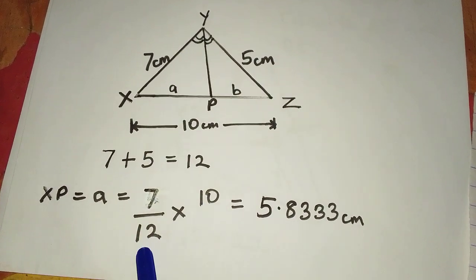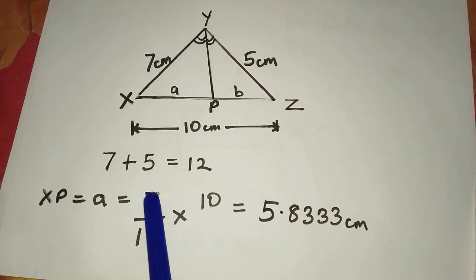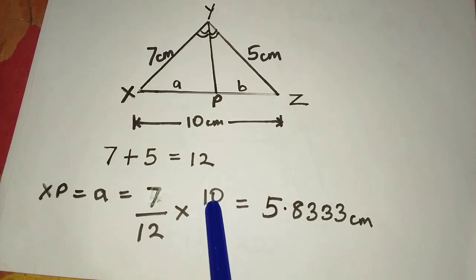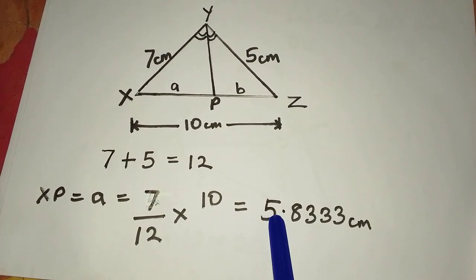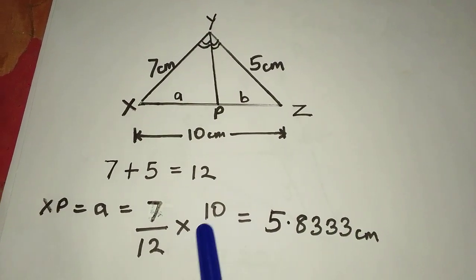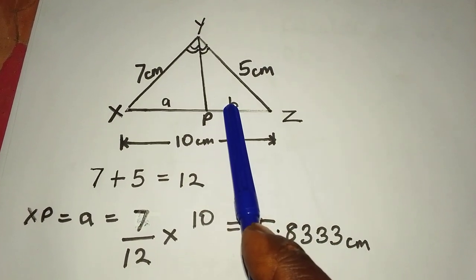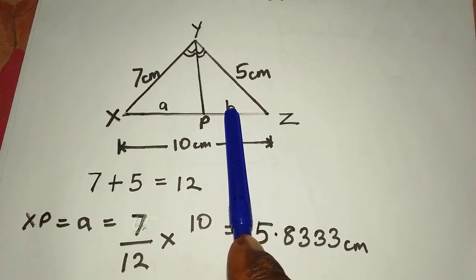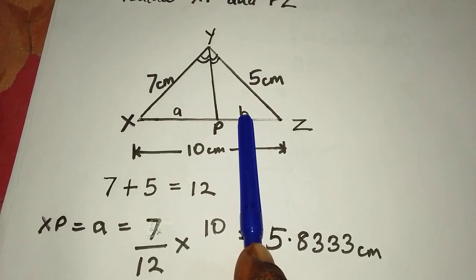So 7 divided by 12 times 10 will give 5.8333 centimeter.